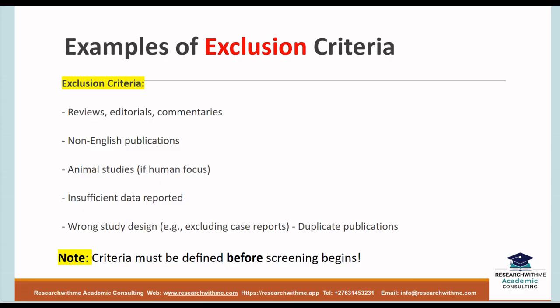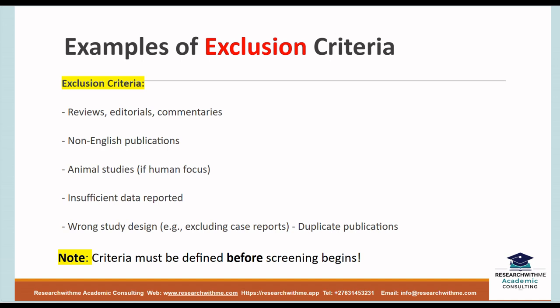If the study is not well designed, if the design is wrong, then such could be excluded. What about duplicate publication? If you have publications that are duplicated, somebody was asking the other time about replication of studies.